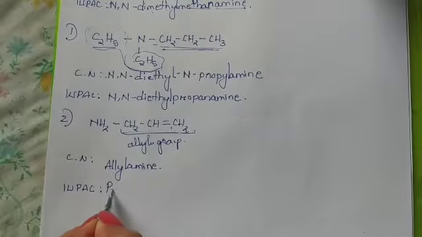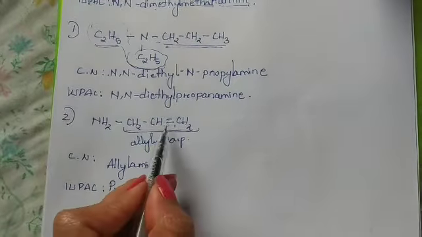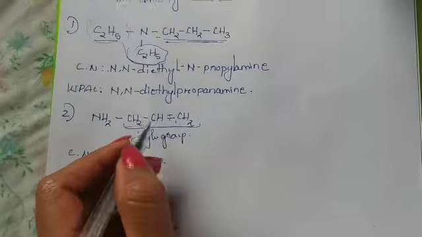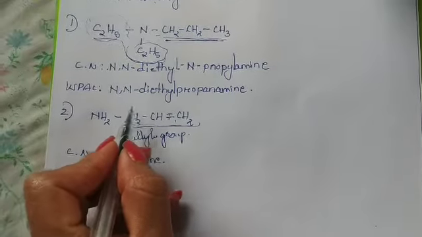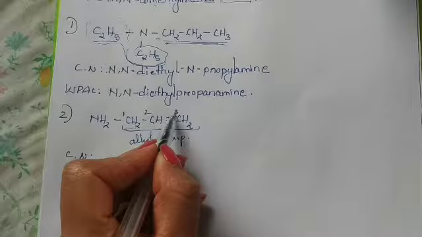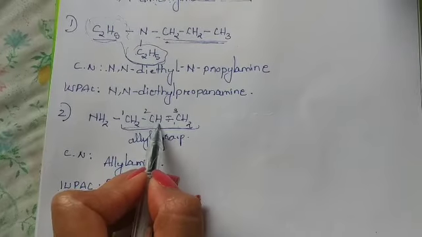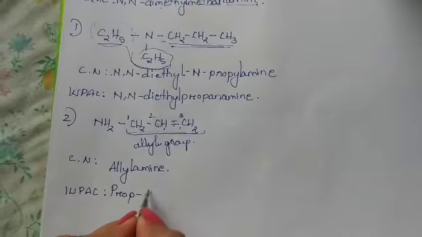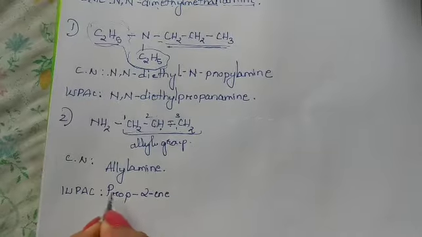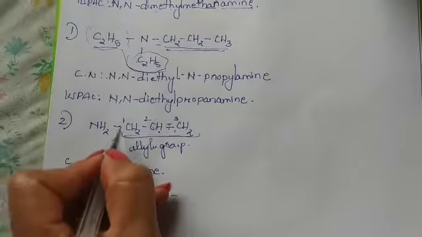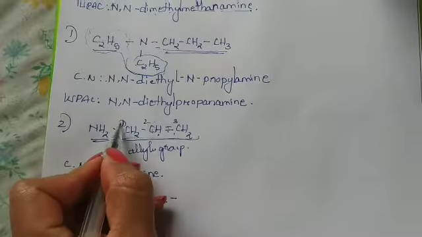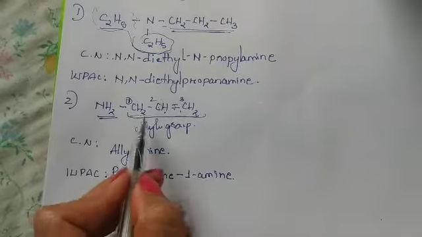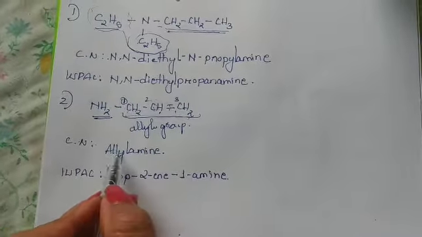Now we have here a double bond and an unsaturated carbon atom, therefore considering the numbering, 1, 2, 3, the double bond is with the second carbon atom, therefore prop-2-ene. The amine is with the first carbon, therefore 1-amine. Allyl group, the common name therefore will be allylamine.